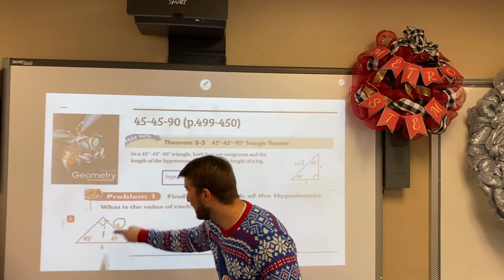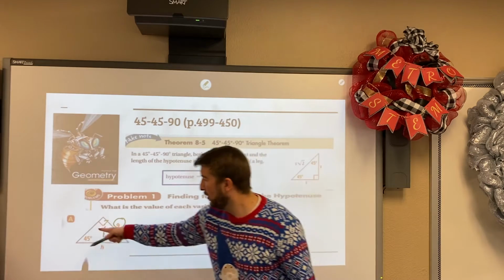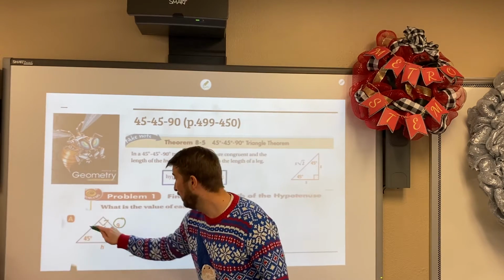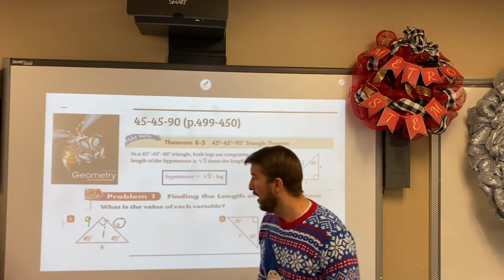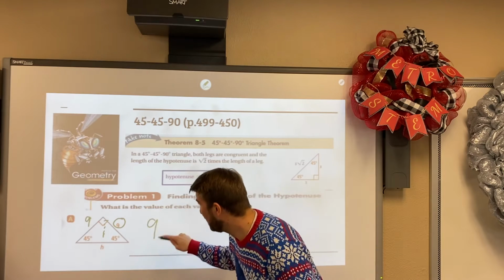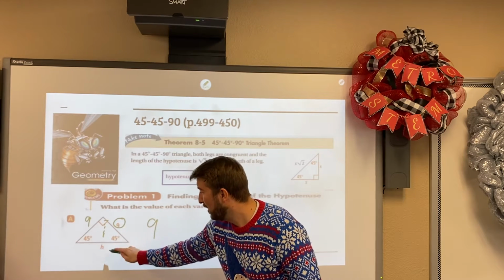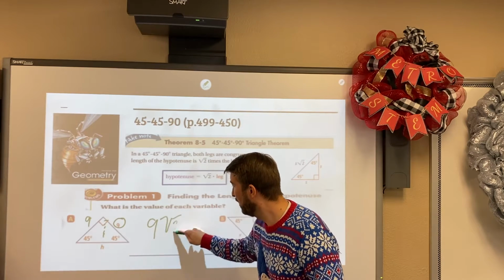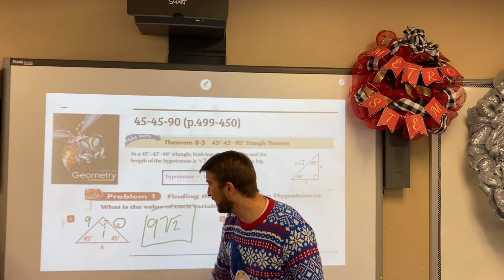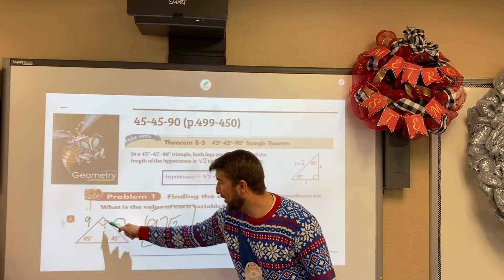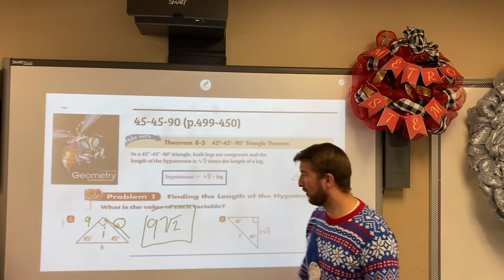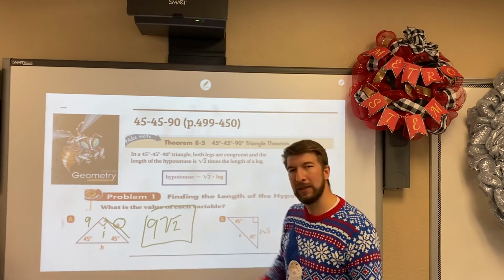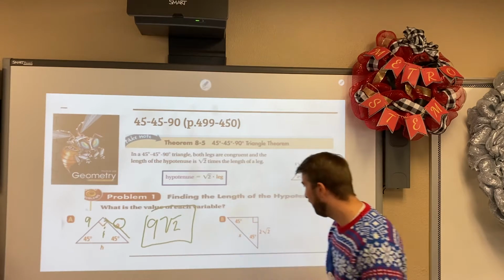And then I have the shorter side given. It doesn't matter what this is, although I know it's 9. I just need to know that this side is going to be 9, and the hypotenuse is going to be this adjacent side times radical 2. And so h equals 9 radical 2.